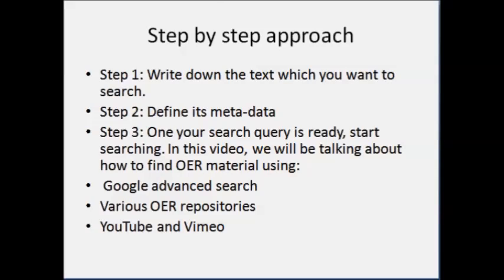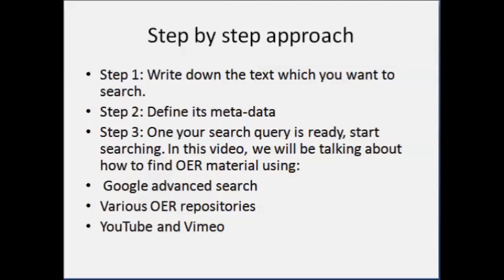In this video, I will be talking about how one can use advanced Google search to find open educational resource learning material. And then there are various OER sites and repositories where one can find the learning material. And for OER videos, how to use YouTube and Vimeo.